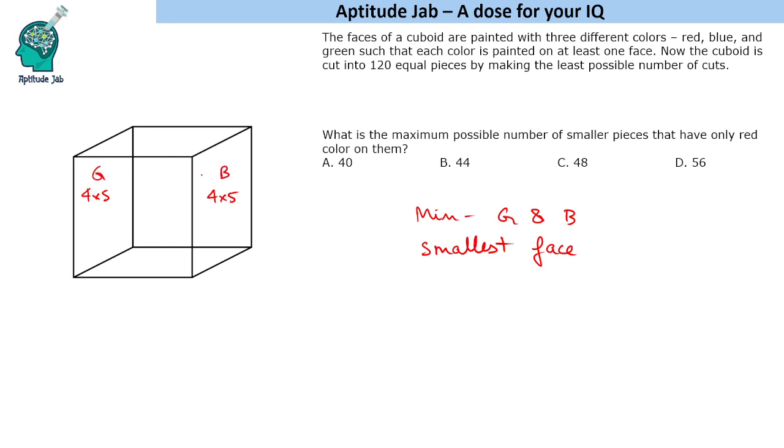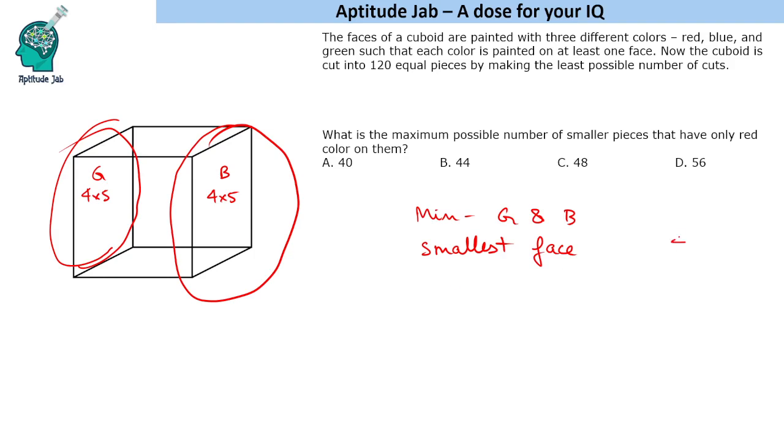Now this problem becomes quite simple. What we need to do is we need to just cut these two sides. If we remove these two sides, what will happen? We have removed 20 cubes from here, 20 cubes from here, right? 40 we have removed. Now, the remaining cubes are some internal cubes also.